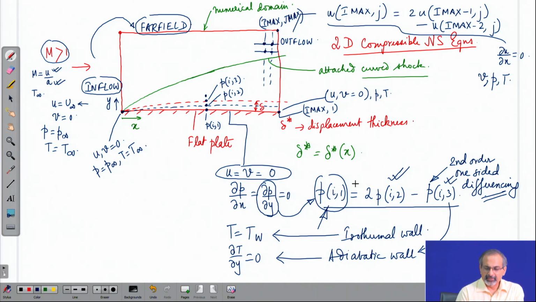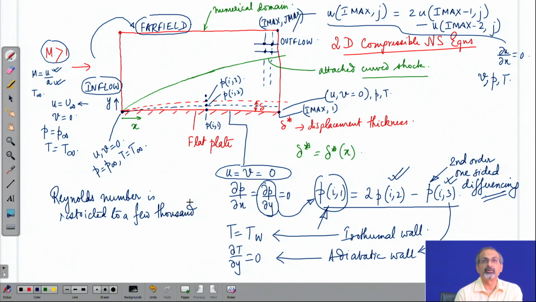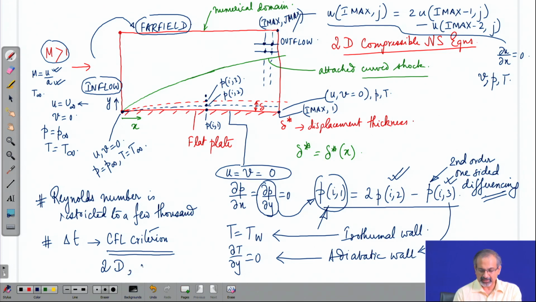You take domain dimensions in a manner that the Reynolds number is restricted to a few thousand, so that we are essentially computing a laminar flow, and for deciding the time step you can go in for the CFL criterion, but usually there is a slightly more advanced version of the CFL criterion available, because we have to account for 2D effect as well as viscous effects.